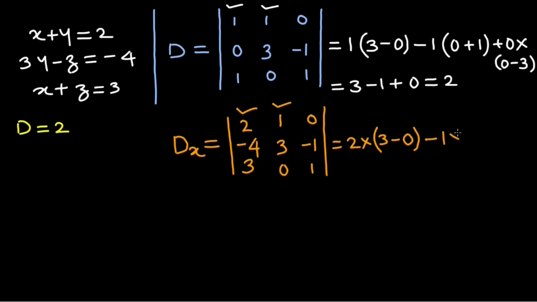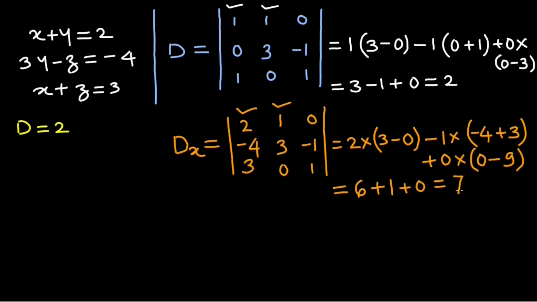Second element multiplied by its minor, -4 plus 3, then plus 0 multiplied by its minor, 0 minus 9, which will be 6 plus 1 plus 0, that will be 7. So value of Dx is 7.